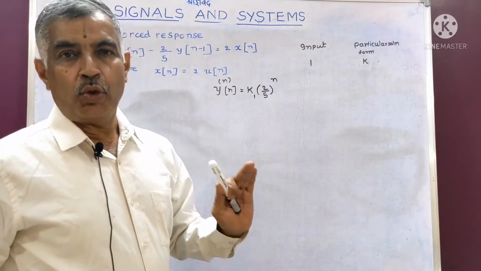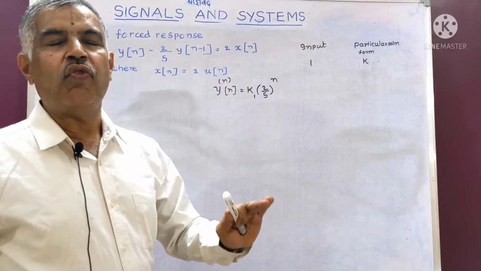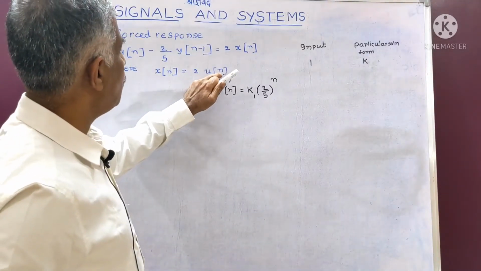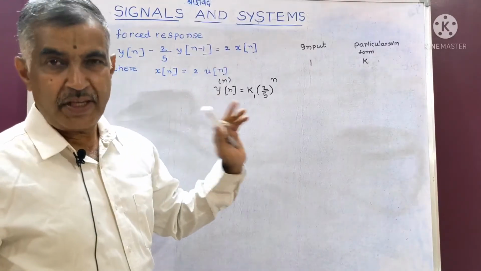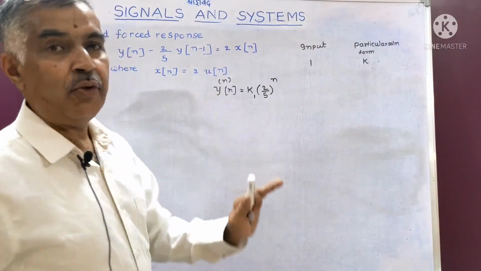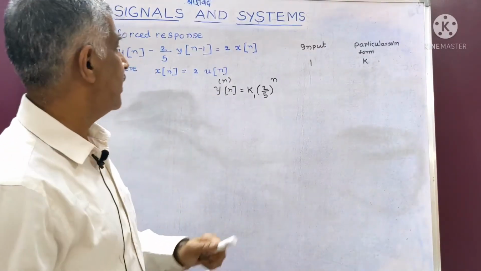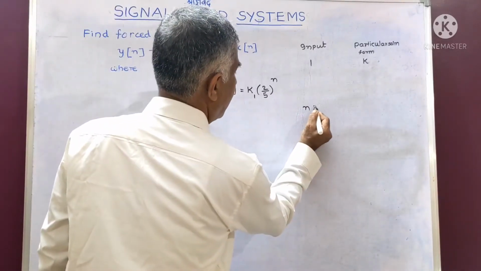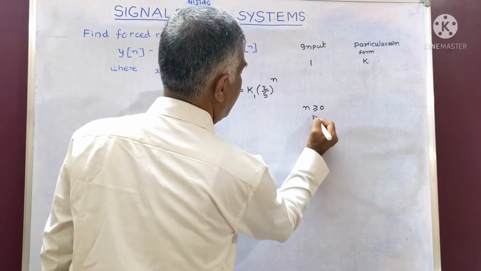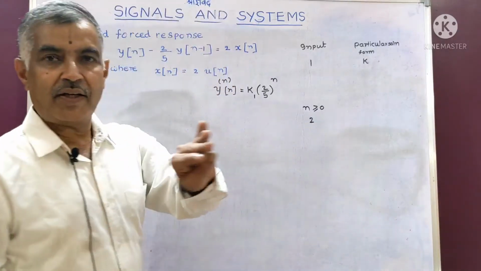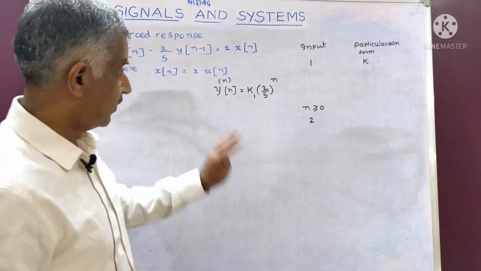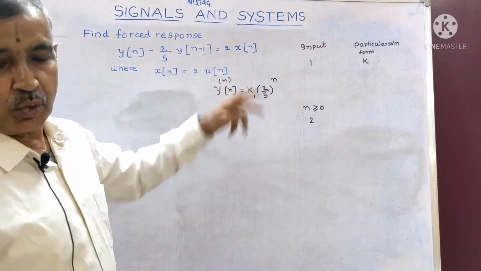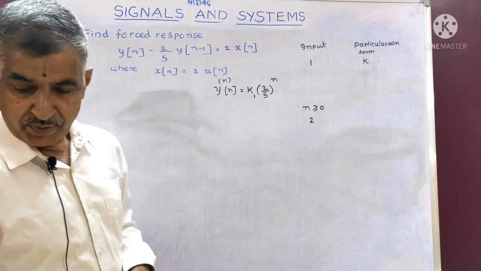If I simply write 2, it stands for 2 forever. But if I associate u of n with 2, its value is 2 for n greater than or equal to 0, not for negative values of n.